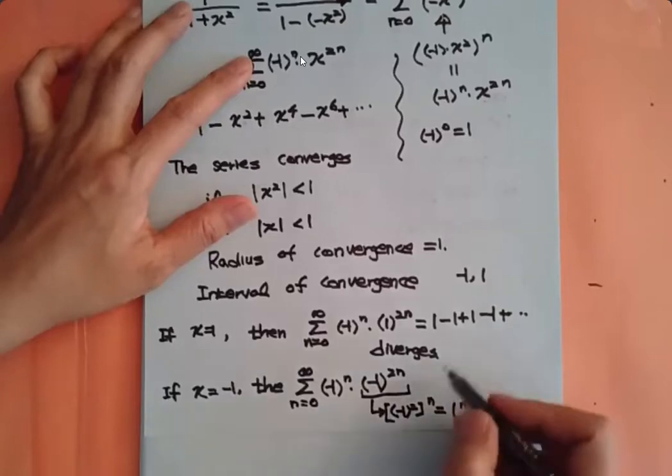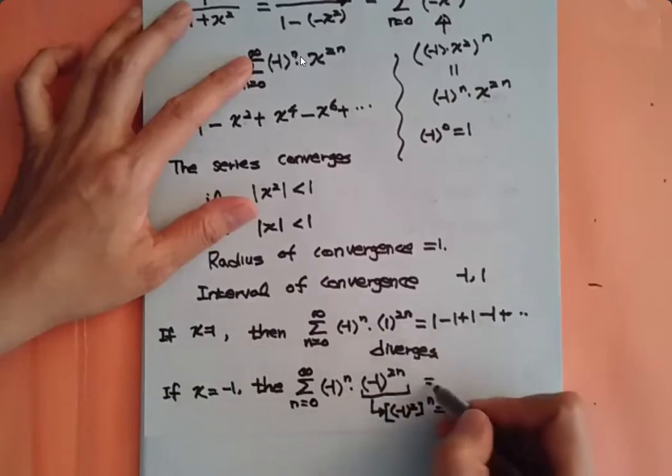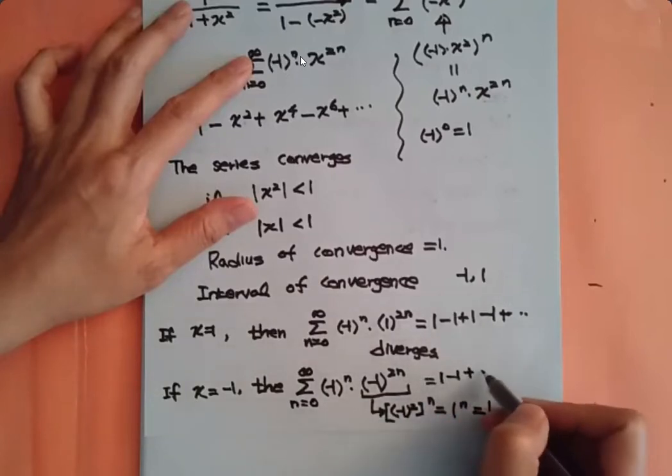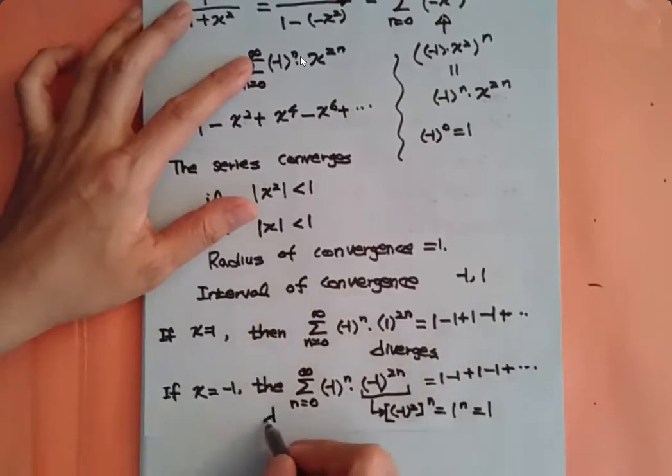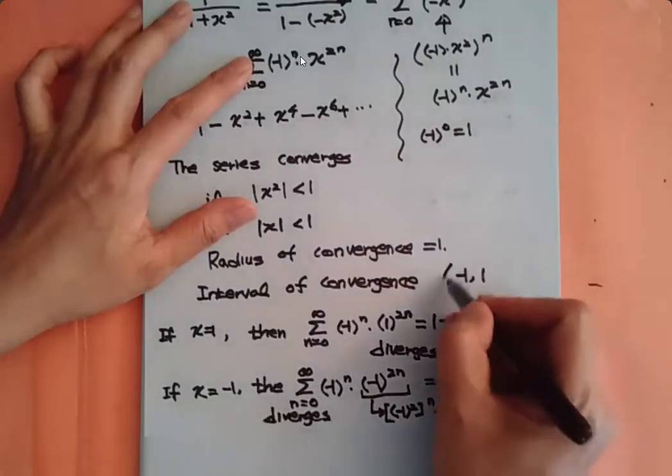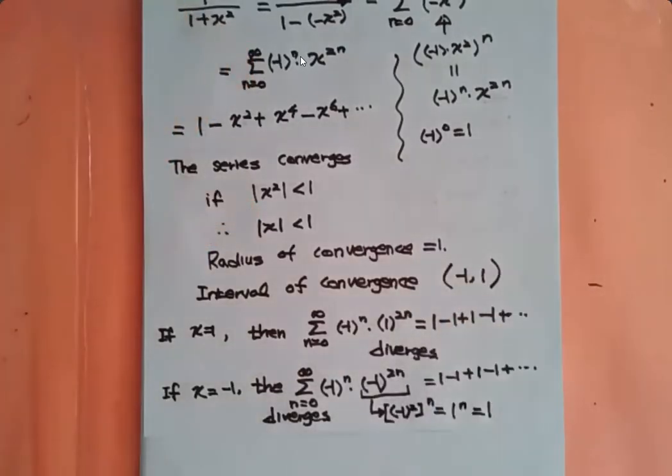And that means those two are essentially the same series, which diverges. So the interval of convergence is the open interval from -1 to 1. Any question?